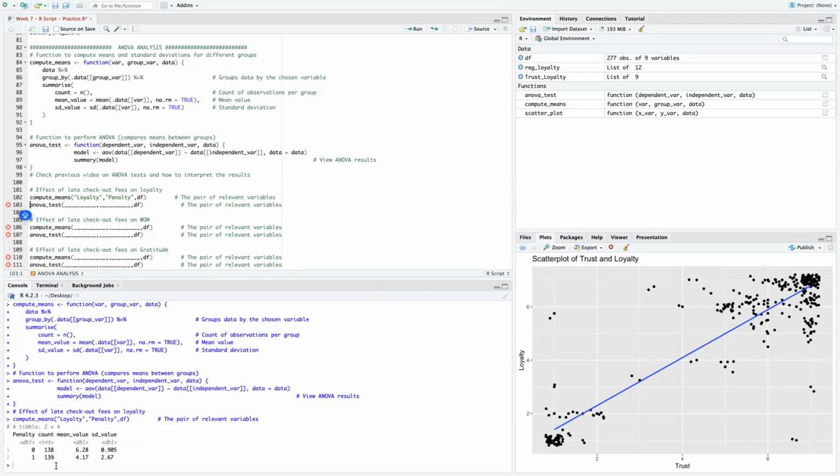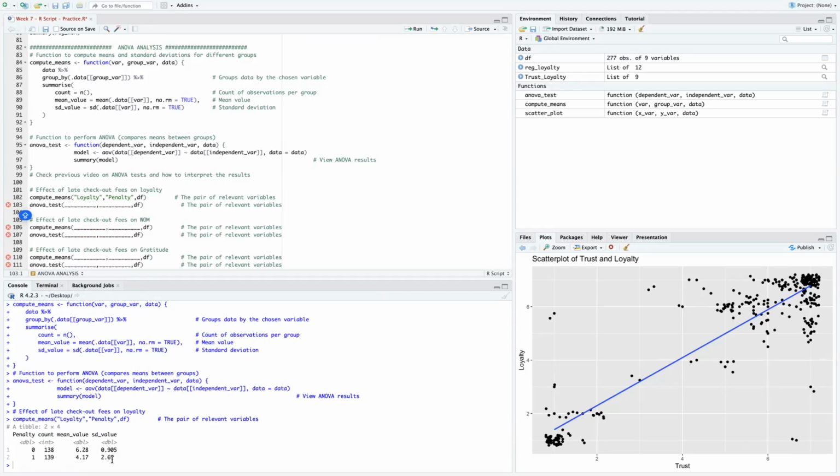The mean value for group 0 is 6.28, and the mean value for group 1 is 4.17. So obviously, the customer without the penalty will stay longer or be more loyal to the company, right?